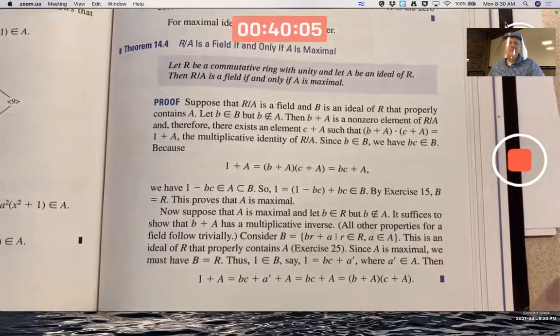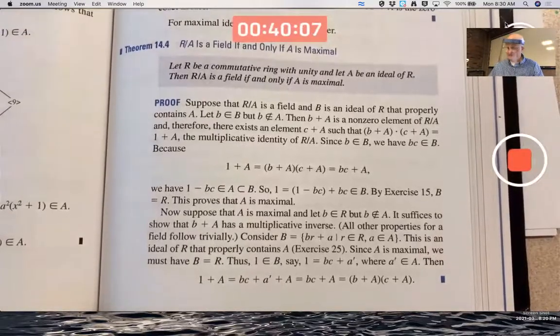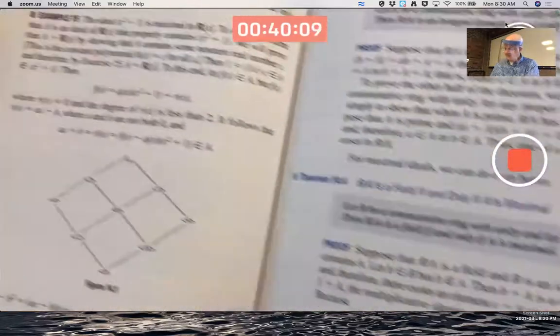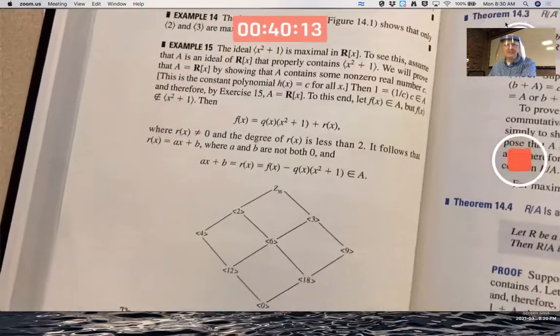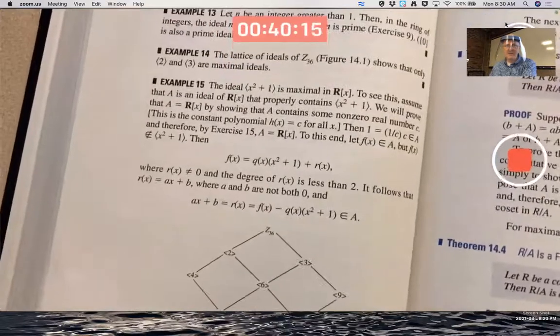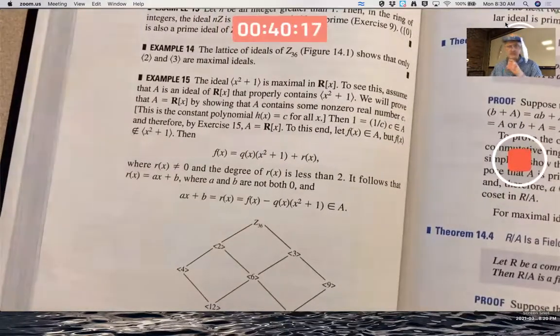Yeah, I'll leave that to you for the moment. Let's look at example 15 next. This one, I think, starts out not too bad, but then it gets more confusing as it goes.